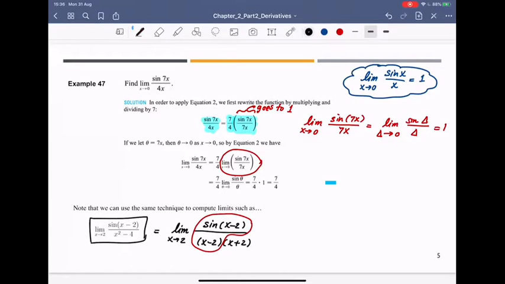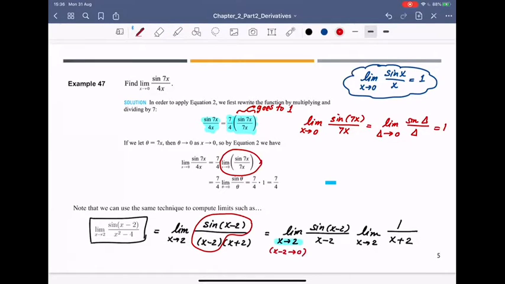So you can think of this as the limit of sine(x minus 2) over (x minus 2), where x goes to 2, times the limit as x goes to 2 of 1 over (x plus 2), right? So I split it into 2 pieces, and on the first piece, when x goes to 2, that means x minus 2 goes to 0.